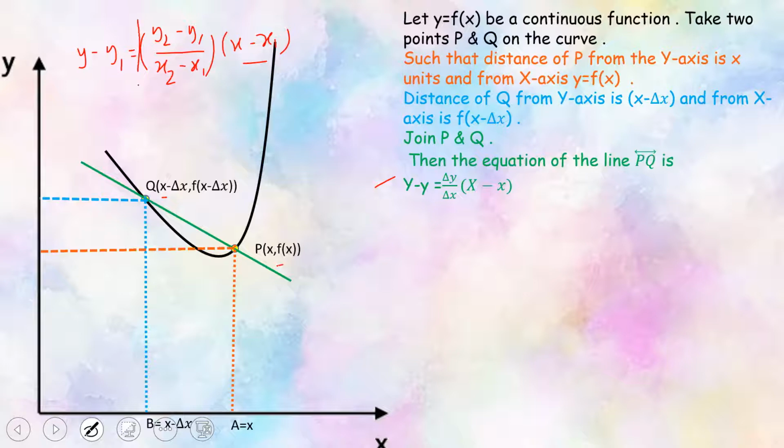So ultimately this value will convert into delta y, that is the change in y axis, by the change in x axis, that is delta y upon delta x.